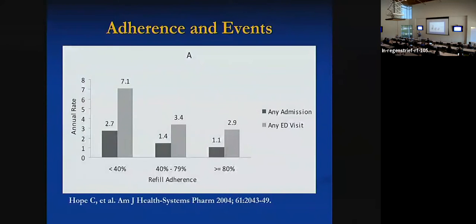Now, one of our fellows that was with us a number of years ago looked at refill adherence in relationship to outcomes events like hospital admissions and emergency department visits. You can see here for refill adherence less than 40, admissions were much, much greater. And there's a bit of a trend here that's significant for those that take greater amounts of their medications. So that's the refill adherence to annual rate.